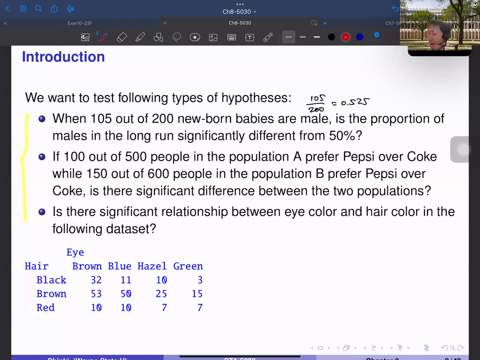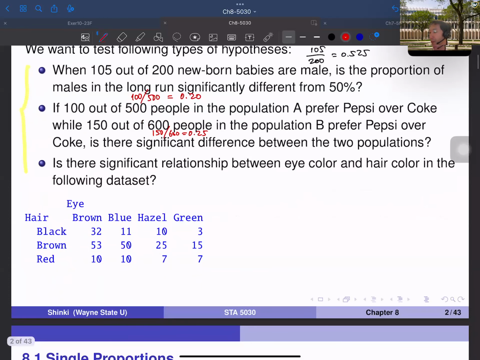In the first, 100 out of 500 is 20%, and the second, 150 out of 600, is 25%. So it looks different, but we don't know if the difference is significant or not. Maybe a 5% difference is a big number, but we want to justify it statistically. So that is another question.